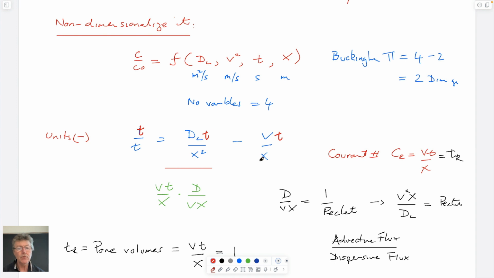And we can always take this term here, and we can split this up into a non-dimensional term, which would be dispersion, time, x, and x, and multiply both upstairs and downstairs, numerator and denominator by velocity, and we get this expression here.